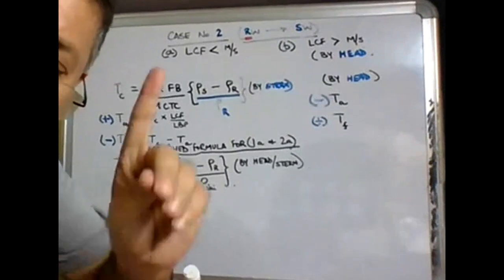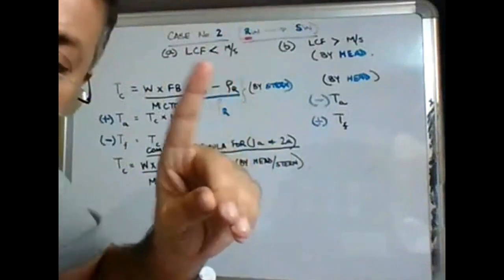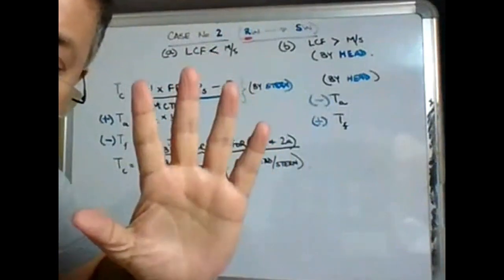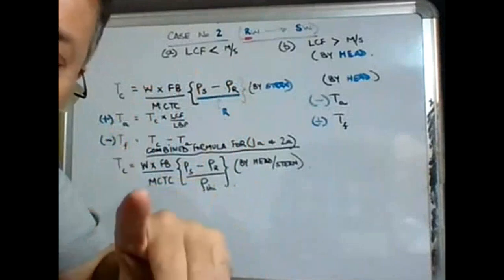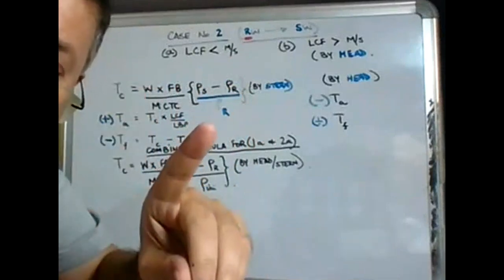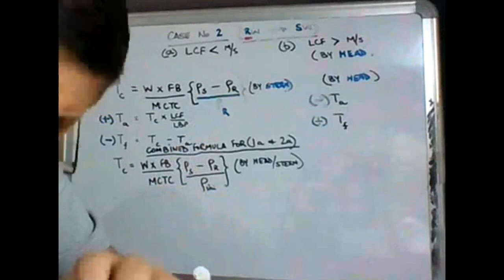So I'm going from lesser density to a higher density. So case number 2A. Trimming moment will be by stern.